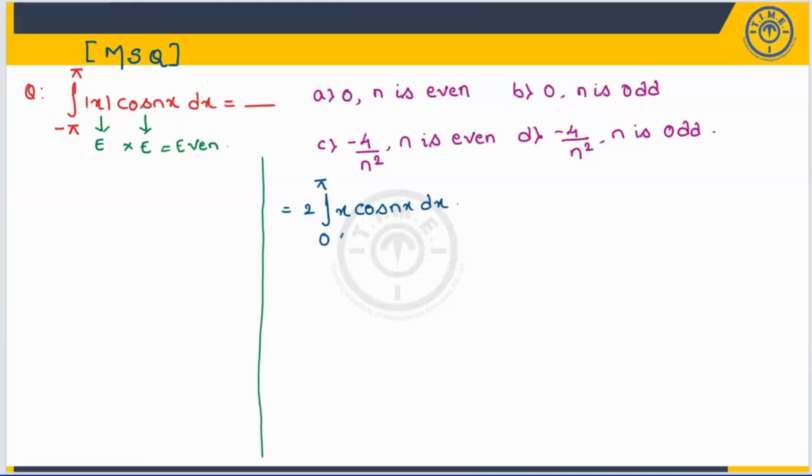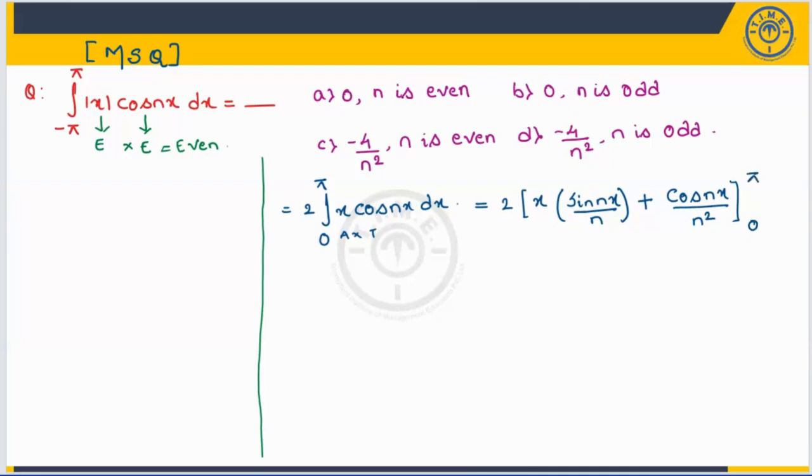Now here I'm having algebraic into trigonometric, so I'll apply the generalized UV. Now what is generalized UV? UV1, that is x into the integral of cos, sine nx by n, minus the derivative of x, that is 1, into the integral of sine, which is minus cos. So plus cos nx by n square. And the limits are from 0 to pi.